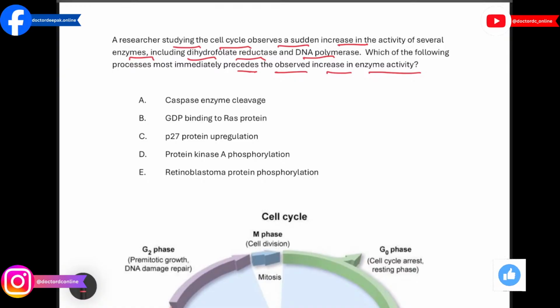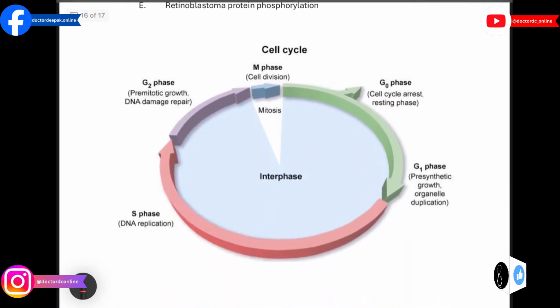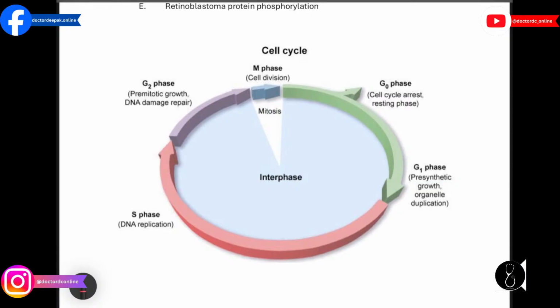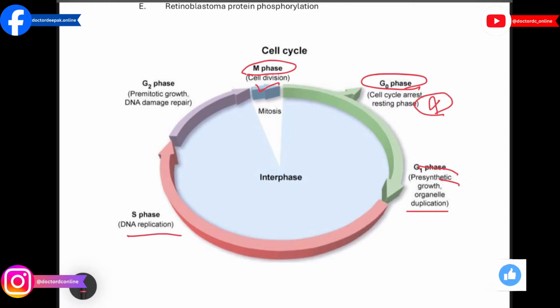So first we have to check the cell cycle. In the cell cycle, there are phases like anaphase, cell division, mitosis. G0 phase is non-dividing, then G1 phase is the preparation for cell division, S phase is DNA replication, and G2 phase is the pre-mitotic growth and DNA damage repair phase. First, we have to find in which phase the cell is.